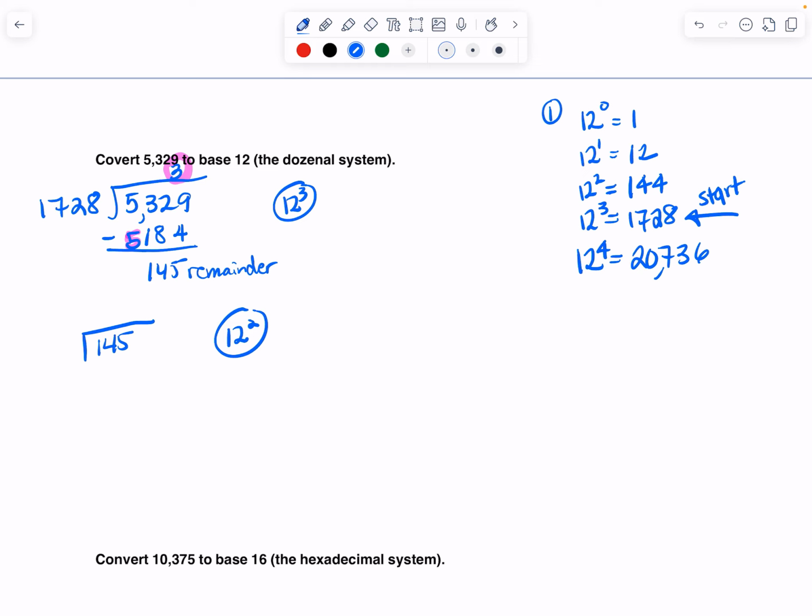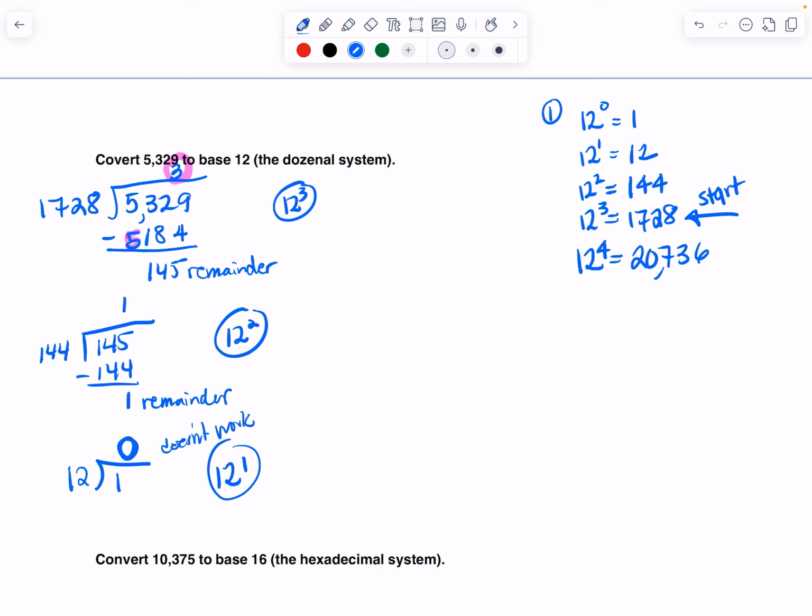So 12 to the second is 144, and this is easy because we can just take 144 into 145 one time, and when I do the subtraction I get a remainder of 1. Okay, so I have to go down to the next positional system, which is 12 to the first. So 12 going into 1 doesn't work. Okay, so it doesn't work. When that happens, we need to put a 0 placeholder.